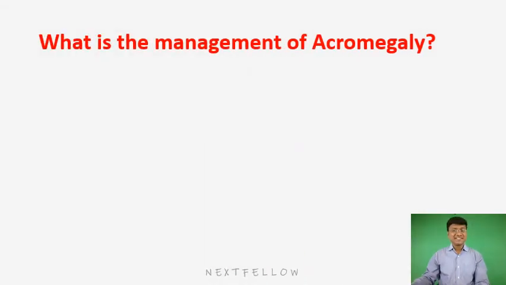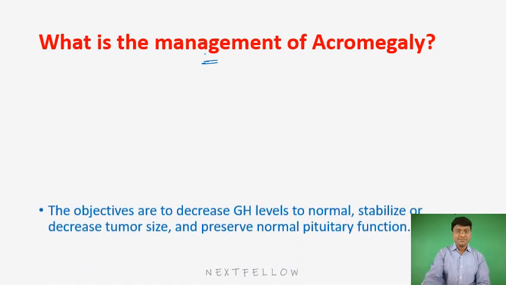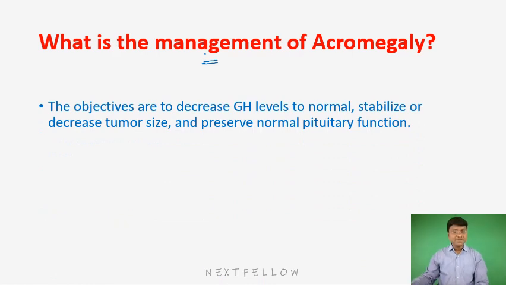Then, what is the management of patients with acromegaly? Remember, first line management in patients with acromegaly will be surgical resection of the tumor. And in what way will you do this surgical resection? Transsphenoidal surgical resection of the tumor. So, you see here, the objectives are mainly to decrease the growth hormone level to normal, stabilize or decrease the tumor size, and preserve the normal pituitary function.